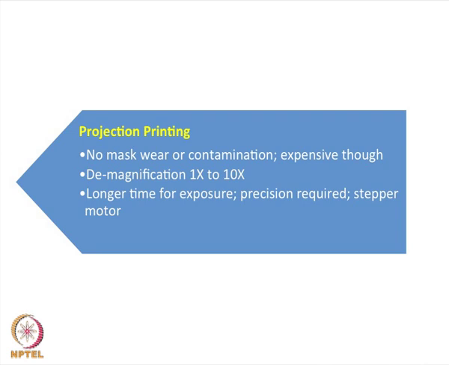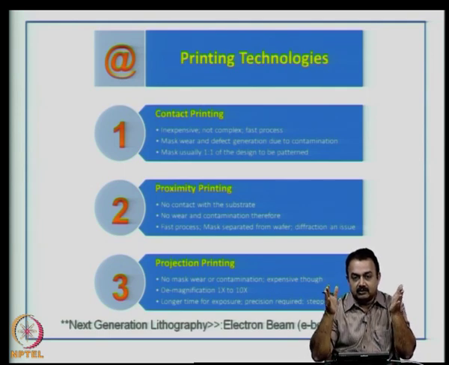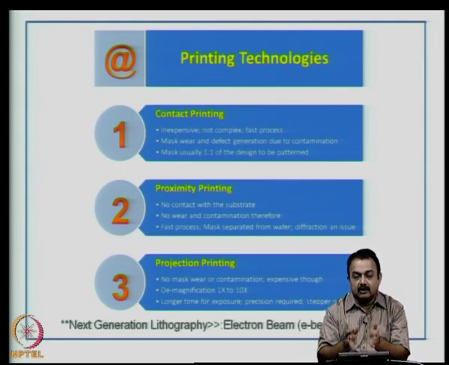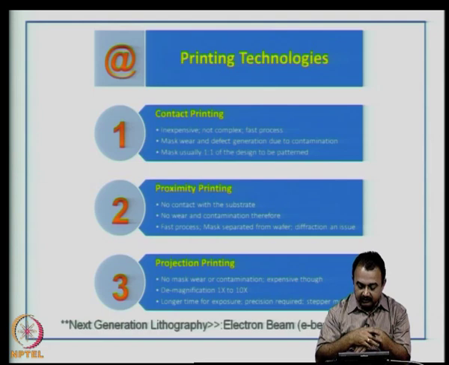Okay. So, basically you are going to project the image through an optics or various set of lenses, and then you can demagnify your image from a larger image to a smaller image 1:1 on the surface by using a set of lenses, and you can do it from 1x to 10x demagnification.